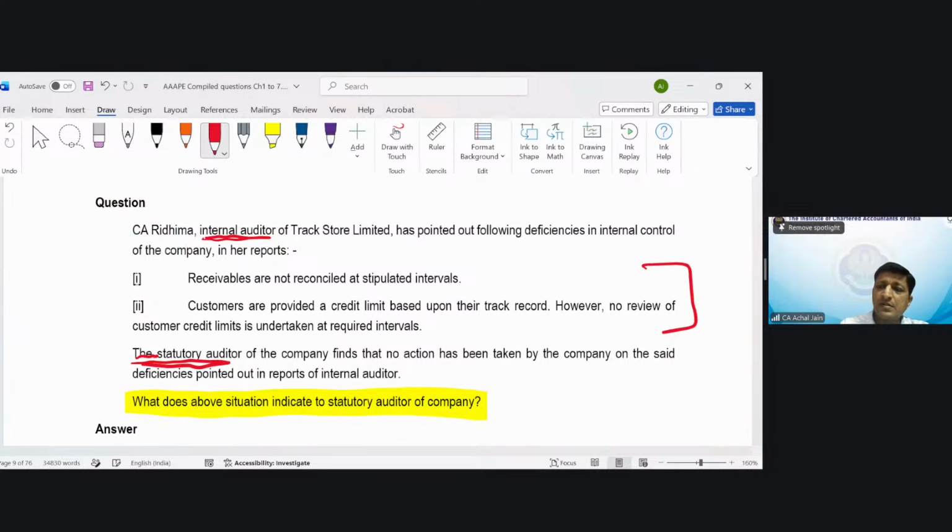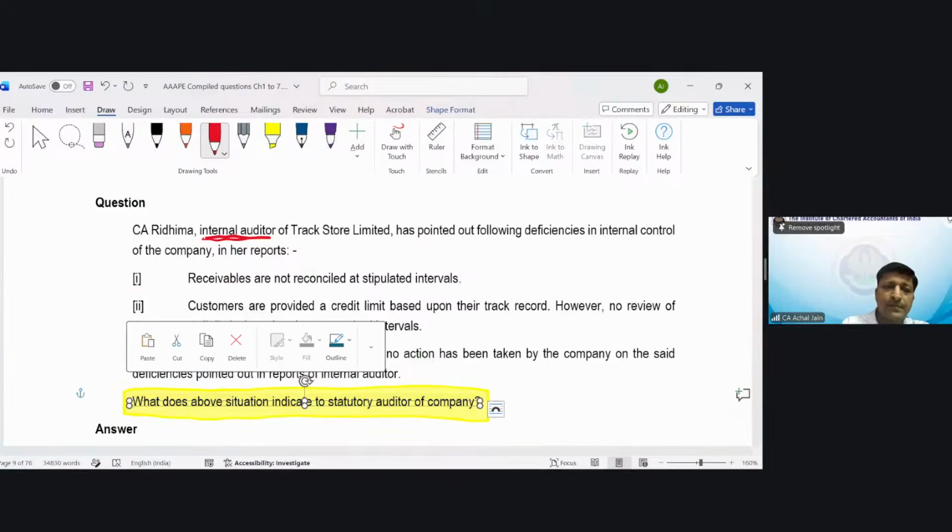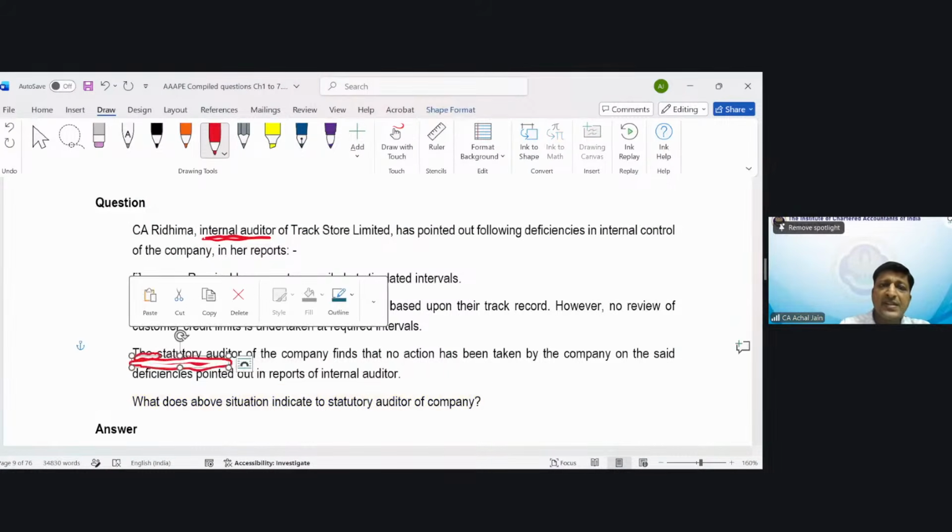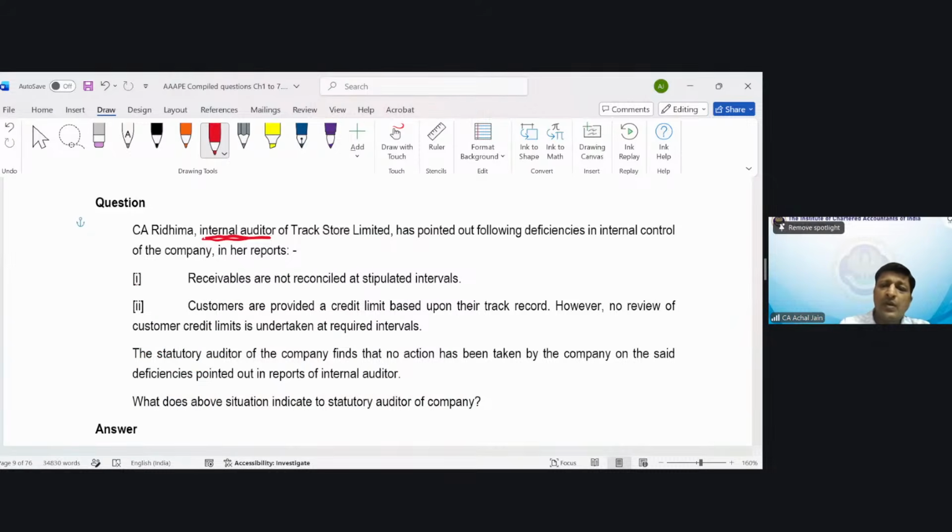So let's look at this. CA Ridhima, internal auditor of Track Store Limited. So that's the company. So internal auditor has pointed out following deficiencies in the internal control of the company. First, receivables are not reconciled at stipulated intervals.